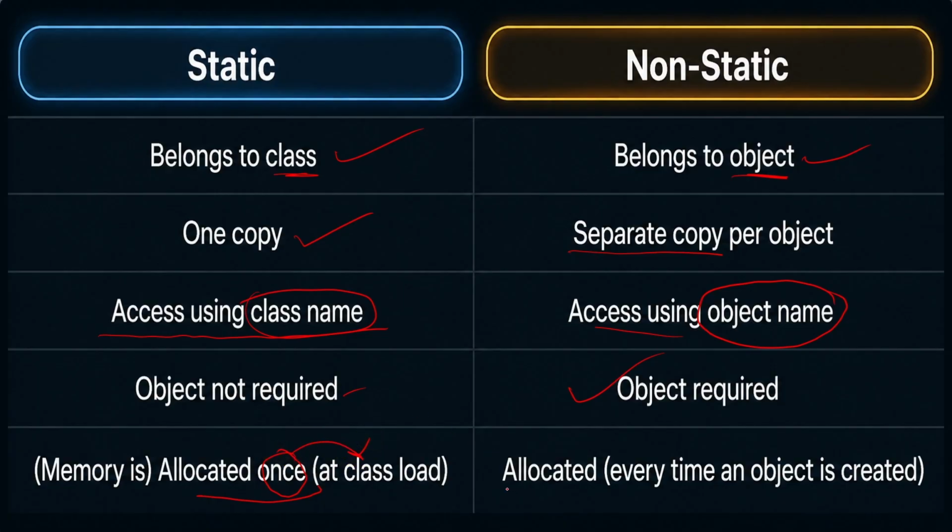For non-static, memory is allocated every time an object is created, whenever we write the new keyword. And we all know class loading happens in the method area, and at that same time this memory will be allocated.